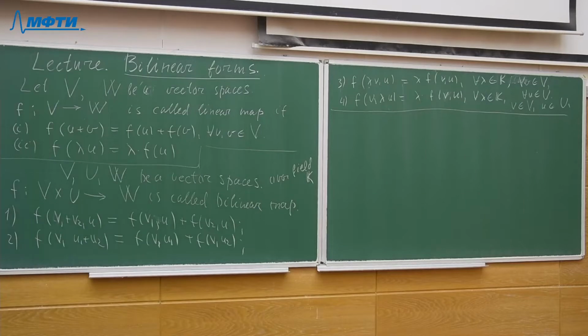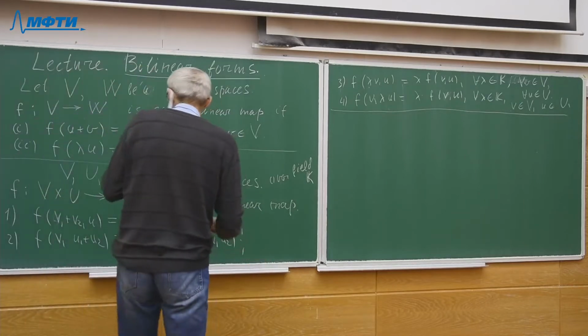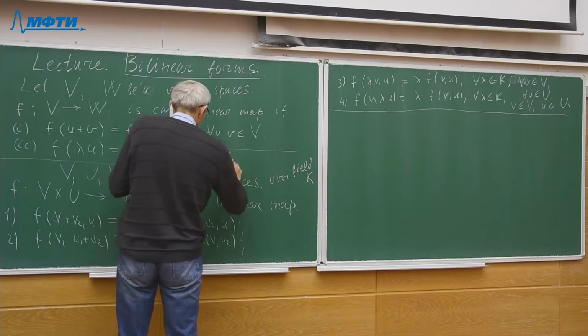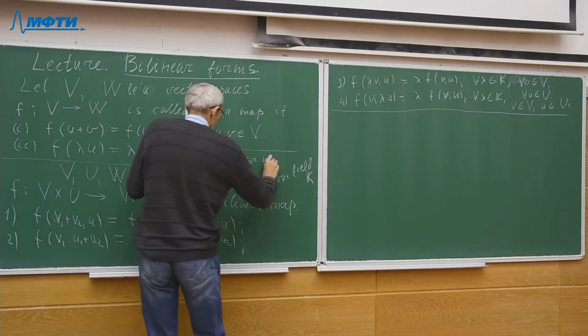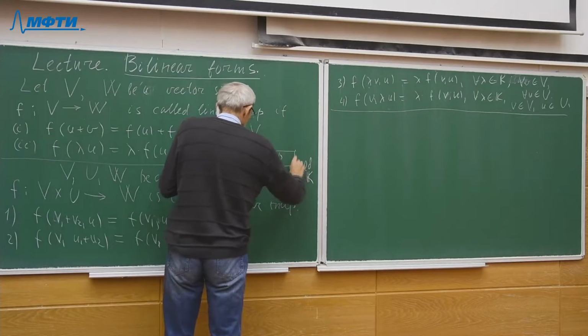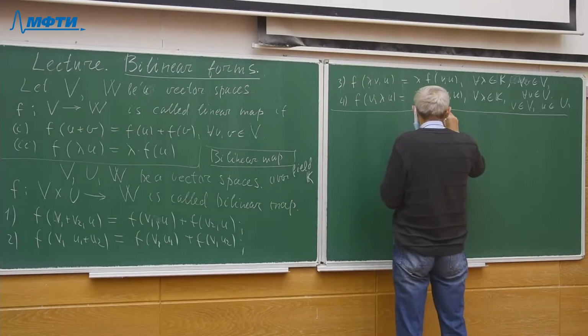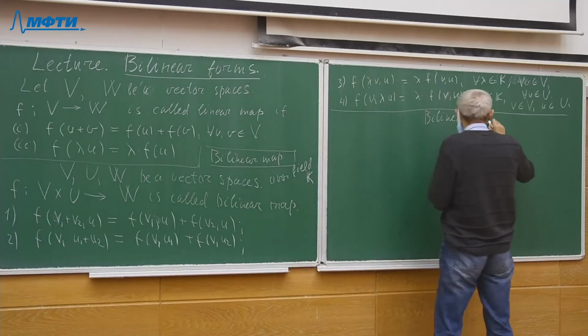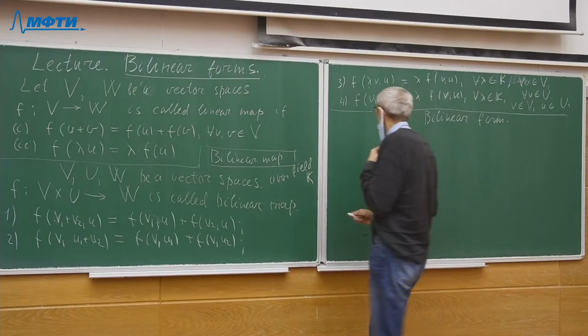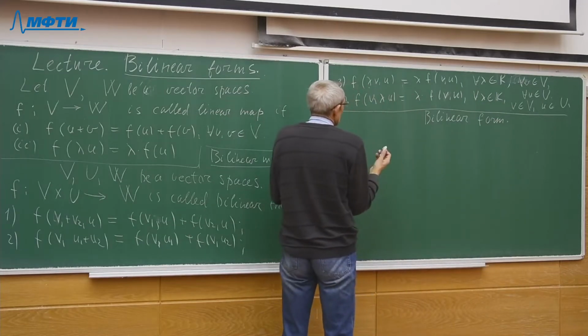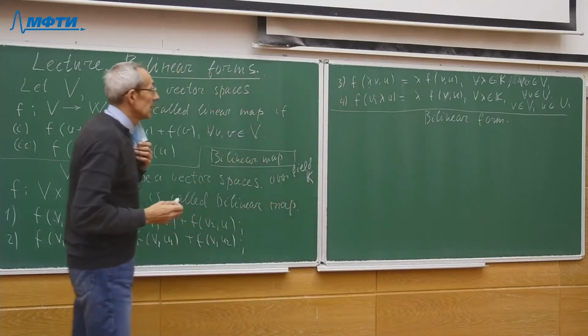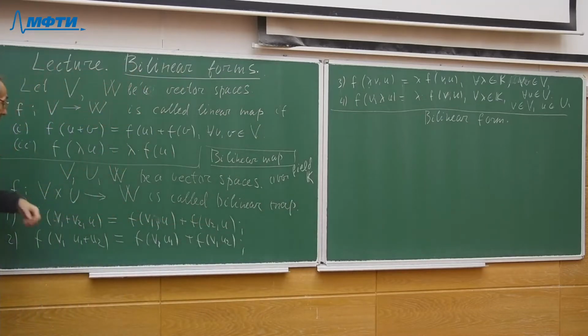What does a bilinear form mean? A bilinear form is a bilinear map when the vector space W coincides with the basic field.